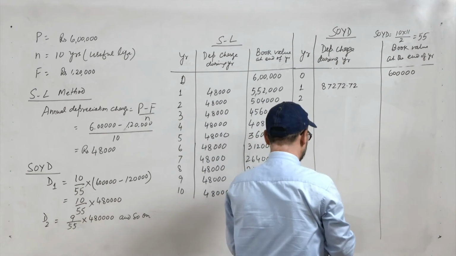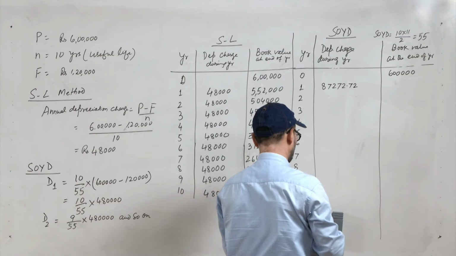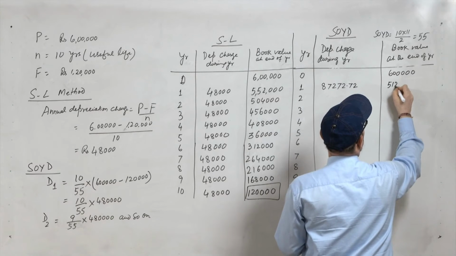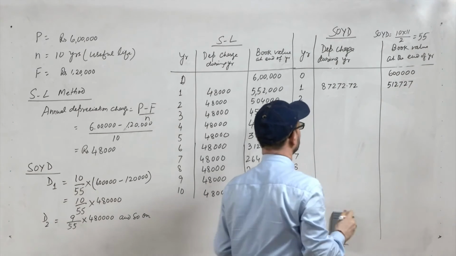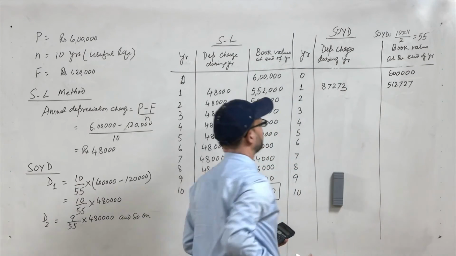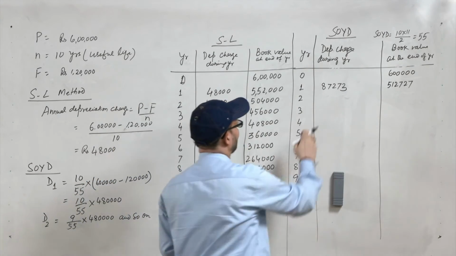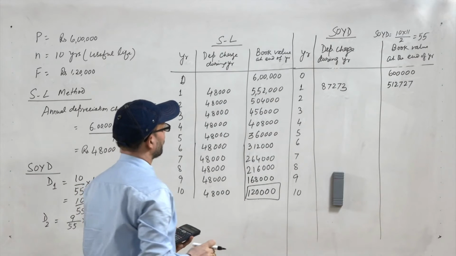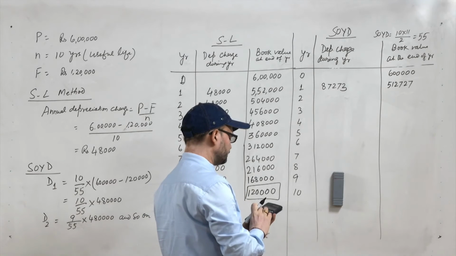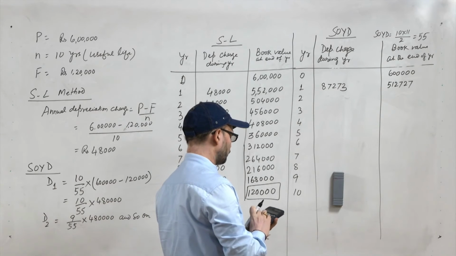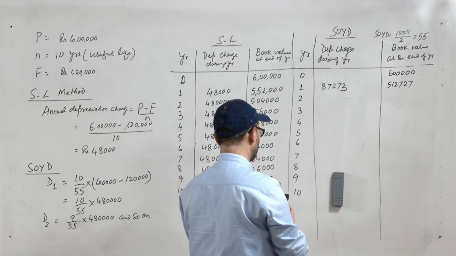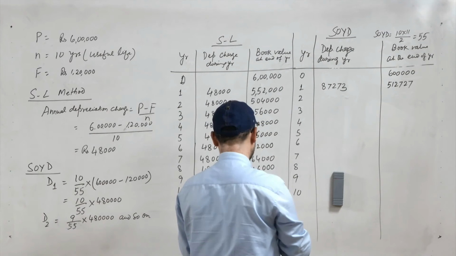So, the book value will be 512,727. Now, we will have the second year depreciation. The second year depreciation will be 9 by 55 into 4,80,000.